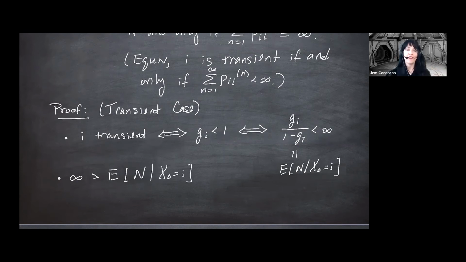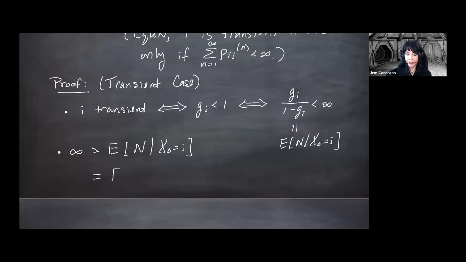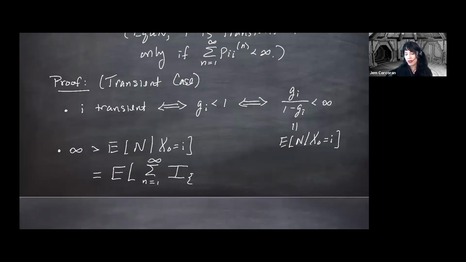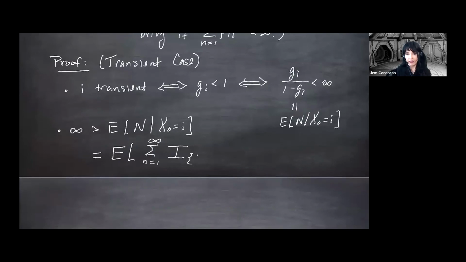I'm going to count that by looking at each and every X in the chain and checking off, did I return or did I not return? So I'm going to write this as a sum of indicators: the sum as little n goes from 1 to infinity of a capital I. If you haven't had a class with me, you probably haven't done a lot of indicators, and if you have, this is usually not the way I write them.